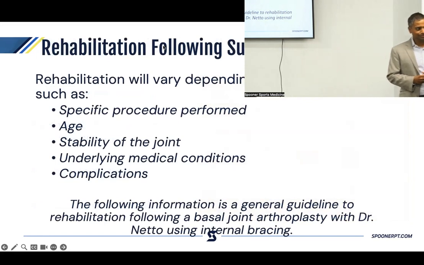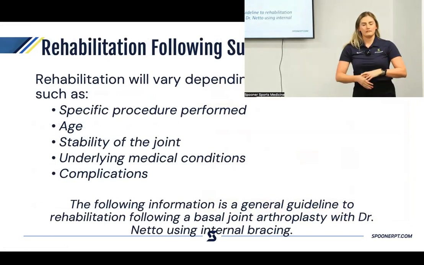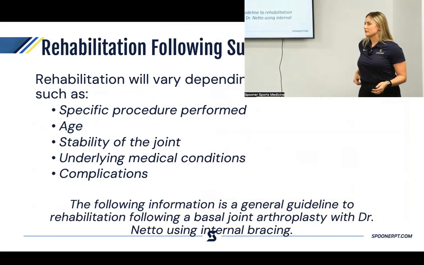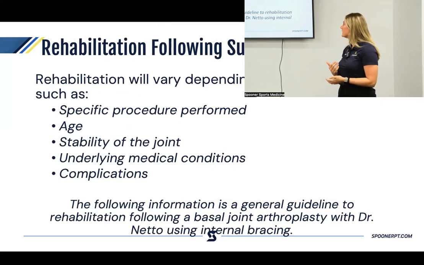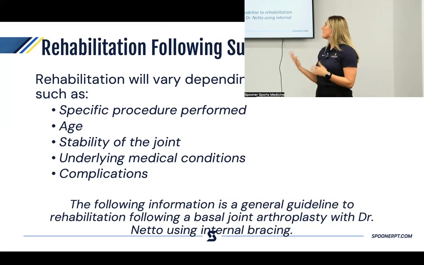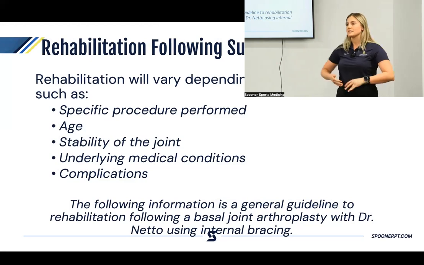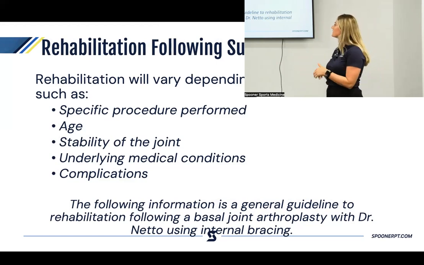As Dr. Netto went over, there are so many different versions of this surgery. Depending on the surgeon you go to, there is going to be a lot of variability in your rehab following surgery. Some other things can also cause that protocol to vary. Age: as we get older, our bodies heal at a slower rate, so that may change how you progress through the protocols.